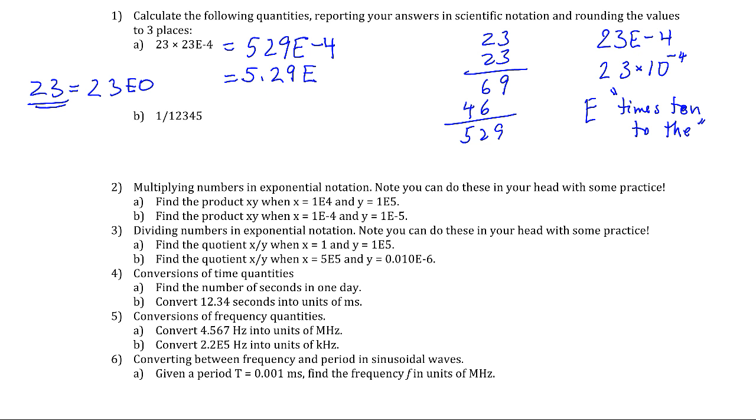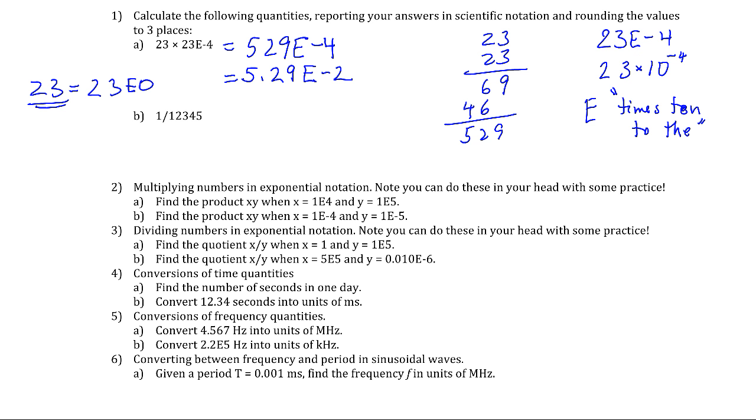You can see here that I've divided the mantissa by 100, so I need to multiply by 100 in the exponent, which means add 2 to the exponent. If I add 2 to negative 4, I get minus 2. So there's a couple different possible answers for this one.